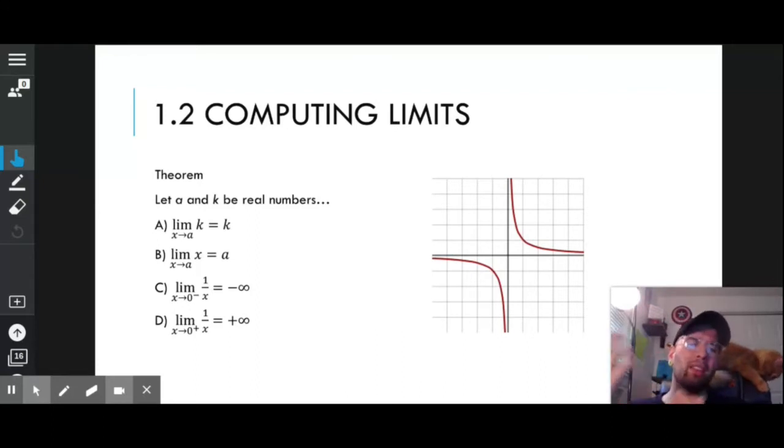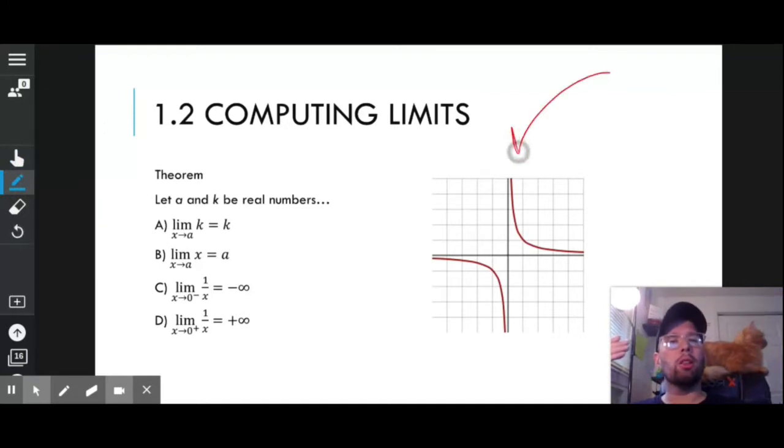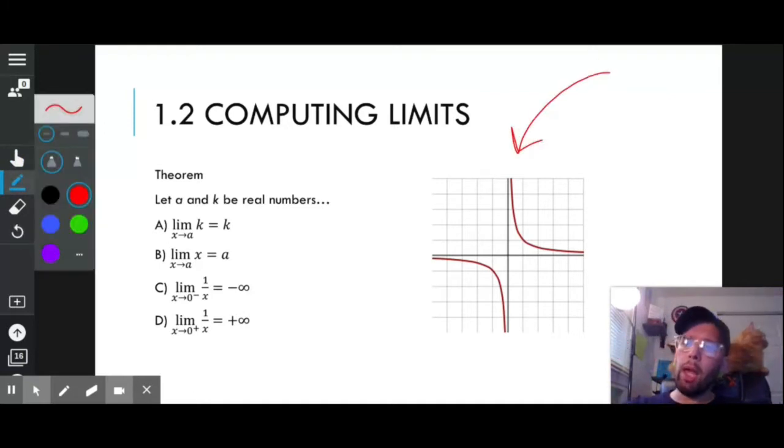The reason why we had to graph so much in the last section is we had a lot of denominators that gave us those points of discontinuity that allowed things to explode, just like it did right there. And we learned a thing or two, and that is going to actually come into play right here. According to what I had typed down, A is going to be a real number, K is going to be a real number.